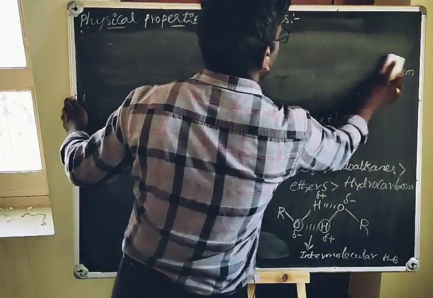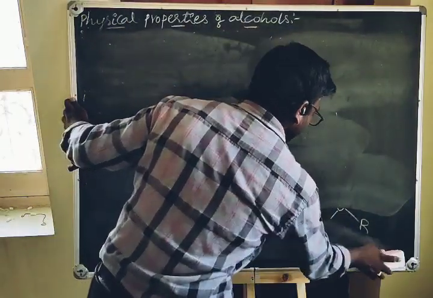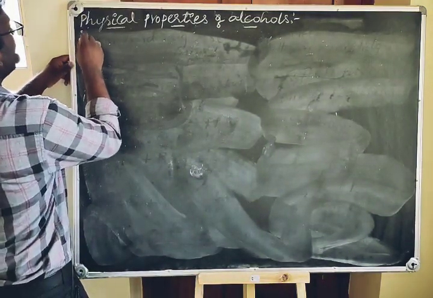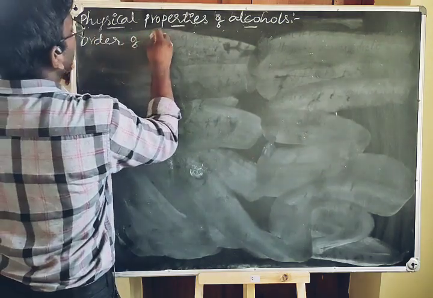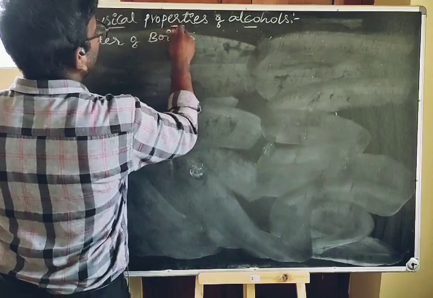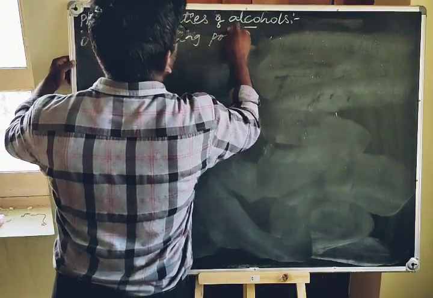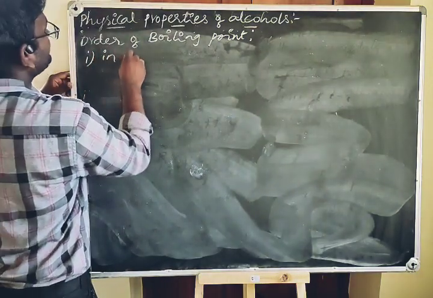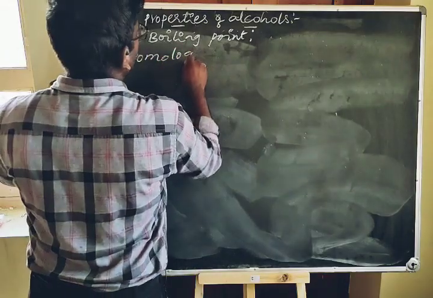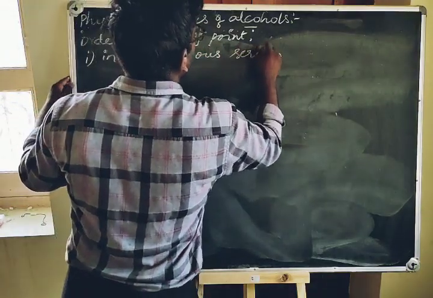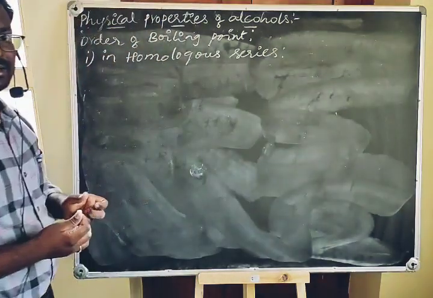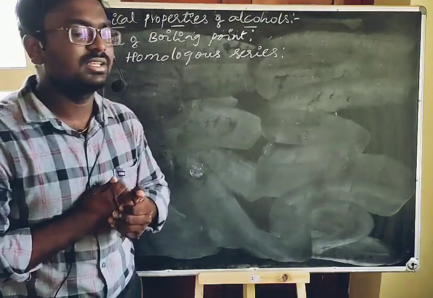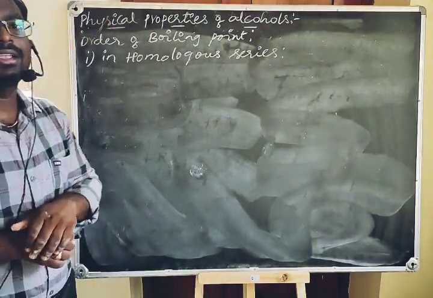For example, in the homologous series, as I already told you, with increase in size, the surface area of the molecule increases, van der Waals forces of attraction increase, finally resulting in higher boiling points.